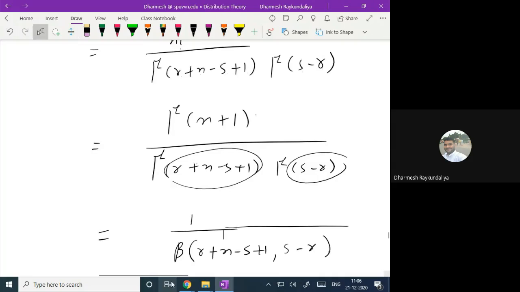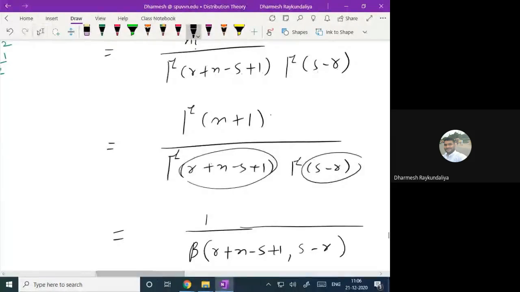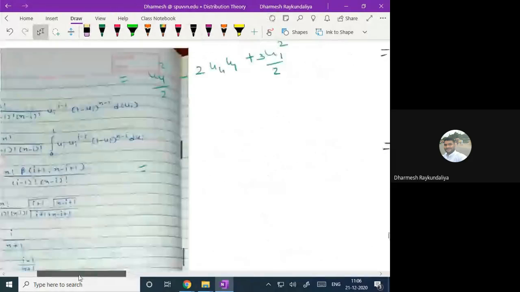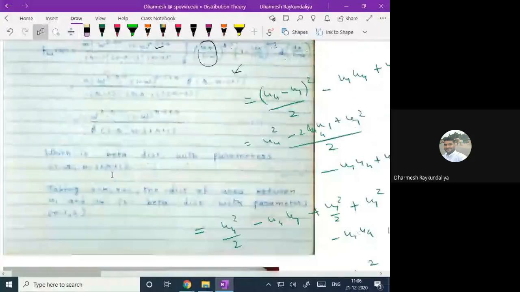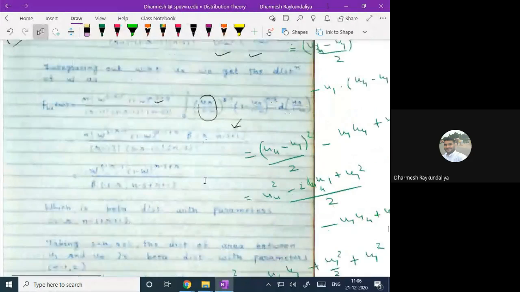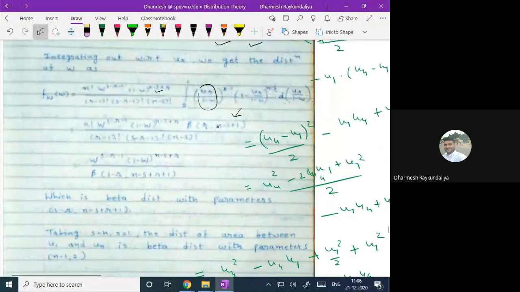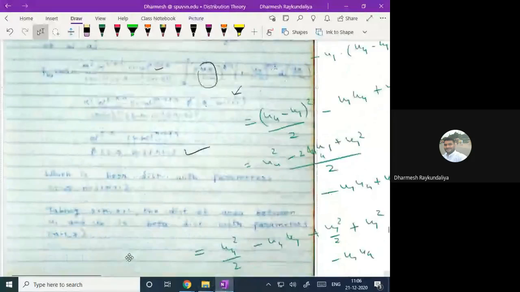If you integrate, this part will go in the numerator, so that is what they have written, because 1 upon this quantity is equal to 1. So I am writing here beta of (s minus r) and (n minus s plus r plus 1), so that we have obtained here.